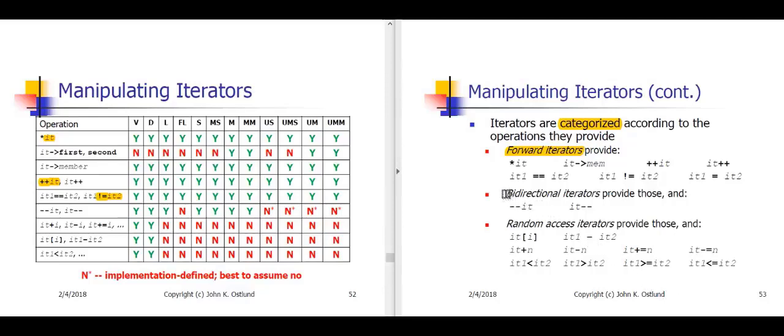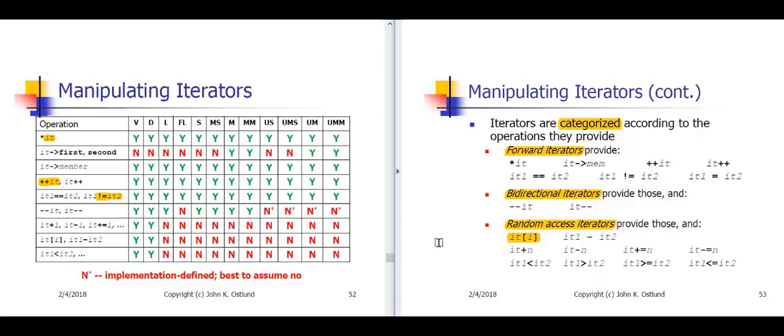There are also what are called bidirectional iterators, which allow you to go the opposite way of a forward iterator. So if you have a bidirectional iterator, you can go both forward and backward through the container. A random access iterator is able to go both forward through the container and backward through the container, and also do things like using subscripting to access a particular element somewhere in the midst of the container.